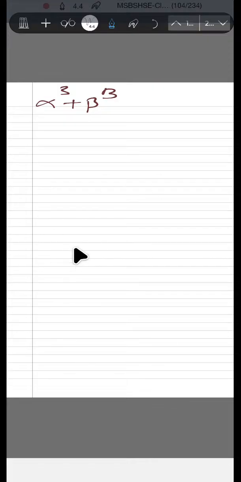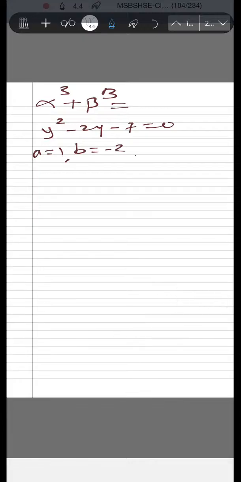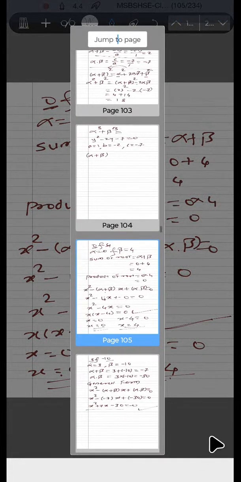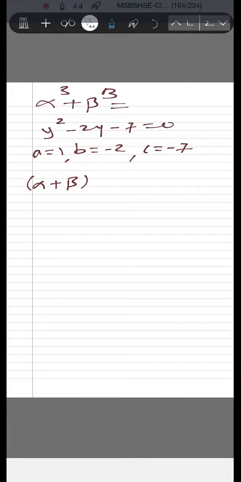So here again we know the equation y square minus 2y minus 7 equal to 0. So a equal to 1, b is equal to minus 2, by comparing that, c is equal to minus 7. So alpha plus beta, here is the question.